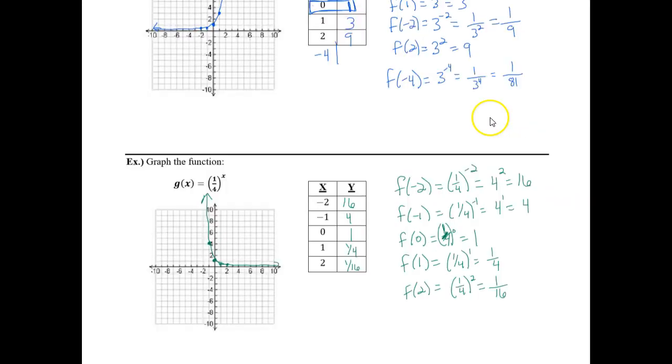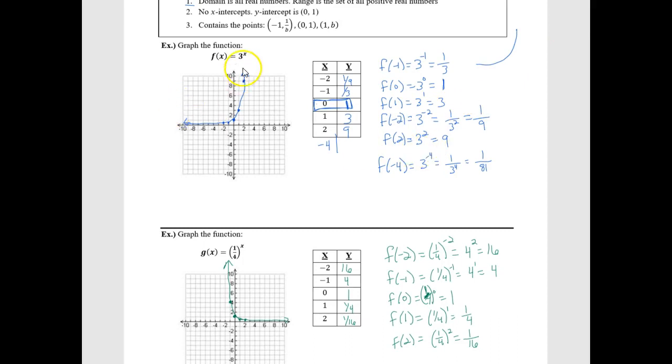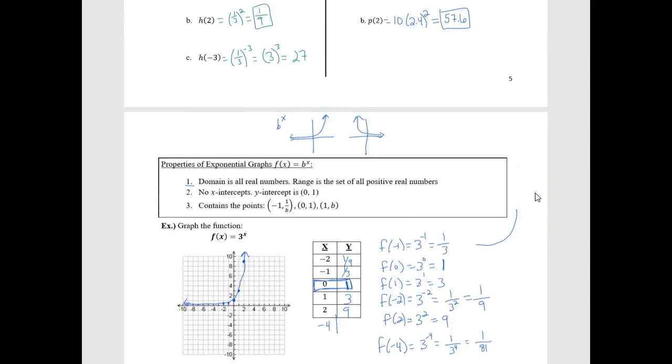Alright, so let's talk about the differences in these two graphs. We had 3, which is a whole number, and the graph was going up from left to right. We had 1/4, which was a fraction, and it came down from left to right. And that's always going to be true. If b is greater than 1, so a whole number, then it's going to go up from left to right.